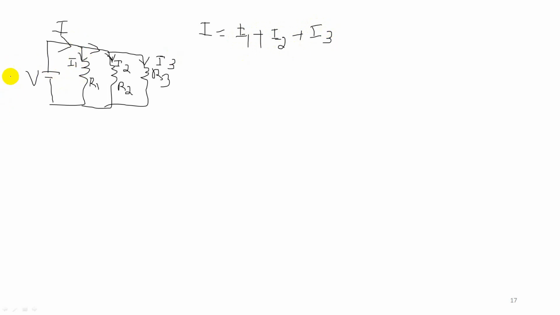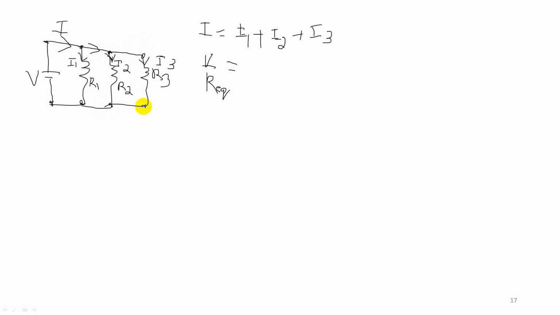But according to Ohm's law, what is I? I is nothing but V by R, that is, the total resistance of the circuit, so we can write R equivalent. Observe here, the voltage at this point and this point is the same as the voltage at this point and this point. Similarly, the voltage across R2 is also the same as the supply voltage.